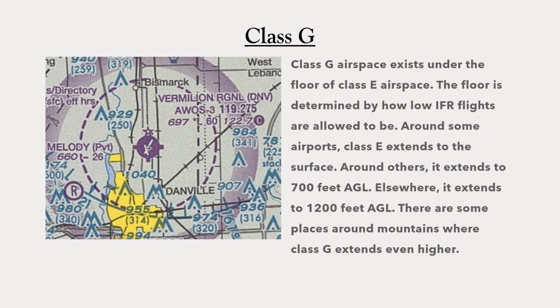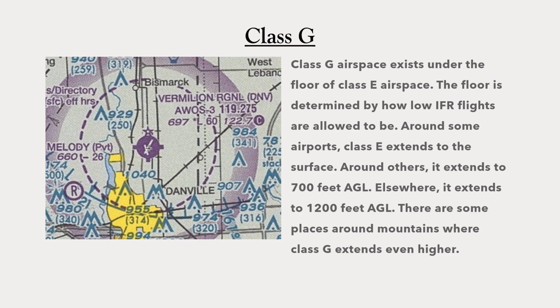So Class G airspace exists under the floor of the Class E airspace. The floor of the Class E airspace is determined by how low IFR flights are allowed to be. So around some airports that have instrument approaches, Class E will extend all the way to the surface.